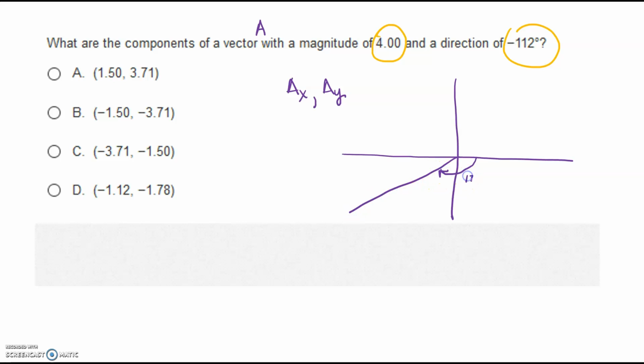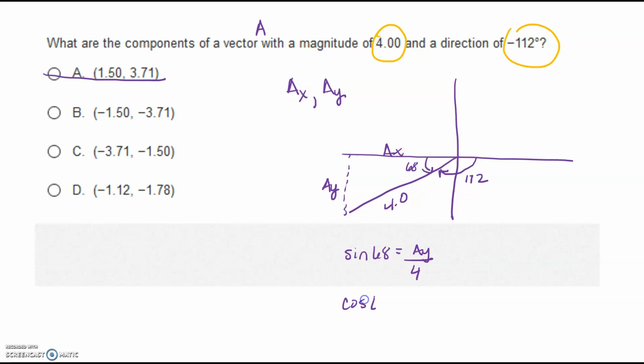Okay, so this is 112, which makes this 68. Here's AY, here's AX. So I know that it's going to be a negative and a negative, so that tosses that one. So let's see, if I do the sine of 68, which is opposite over hypotenuse, my hypotenuse is 4. So I'll get AY over 4.